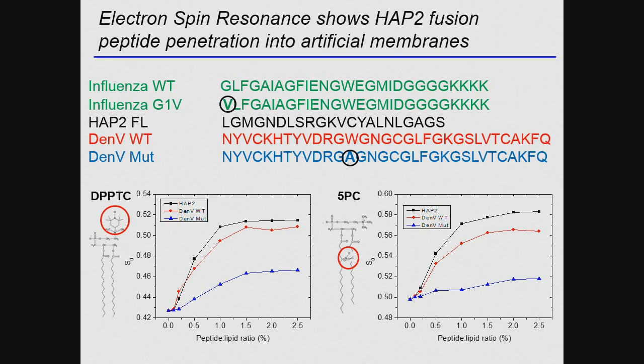So you get an increase in the order parameter of those membranes when you add increasing concentrations of peptide. And surprisingly, we actually saw the HAP2 fusion peptide increases the order parameters of these artificial membranes higher than the dengue viral fusion loop peptide does, in both membranes composed with phospholipid head spin label and those with an acyl chain spin label, while the mutant peptides do not increase the order parameter to the same level.